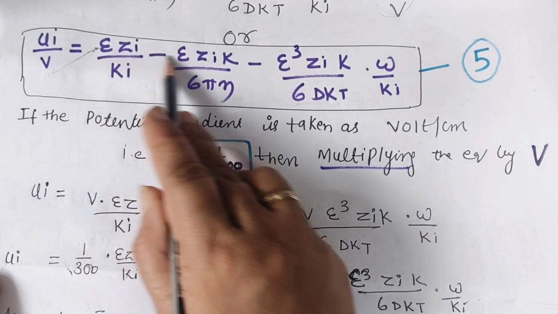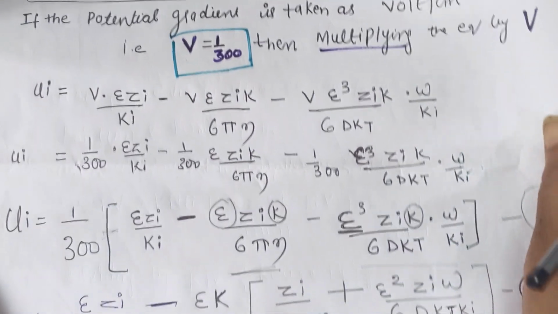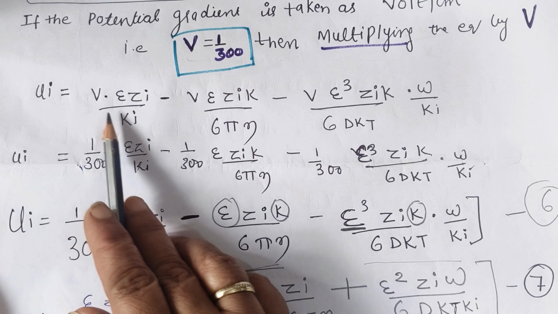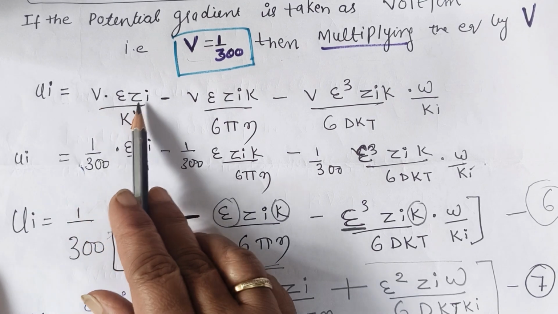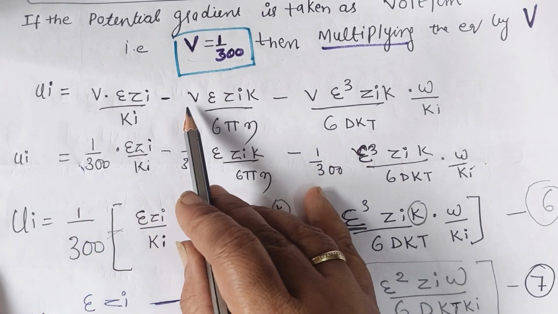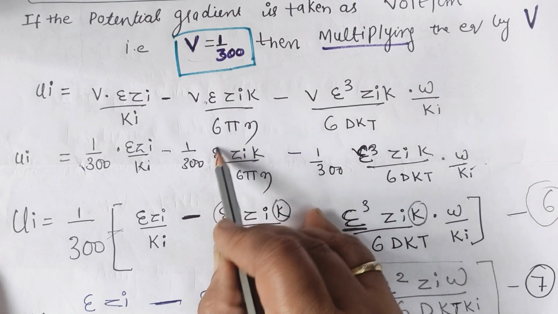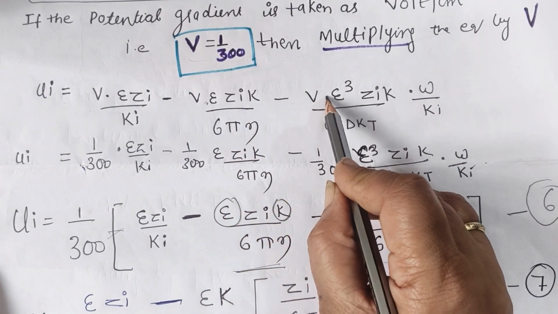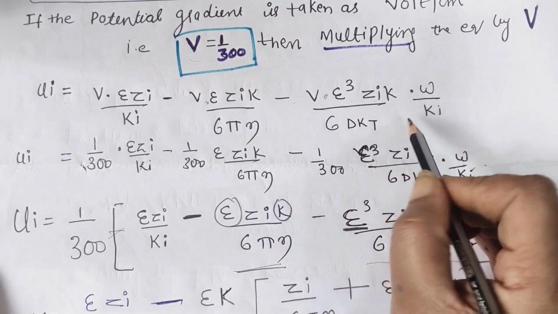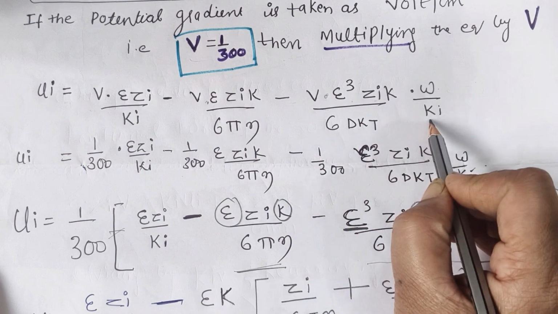So it will become ui equals v into epsilon zi by ki minus v into epsilon zik by 6 pi eta minus v into epsilon cube zik w by 6 dkt by ki.